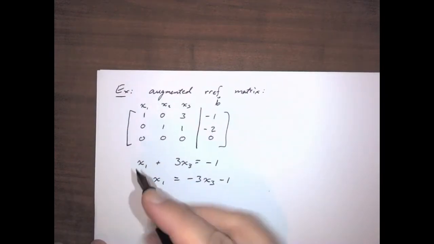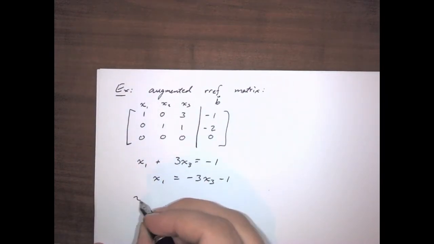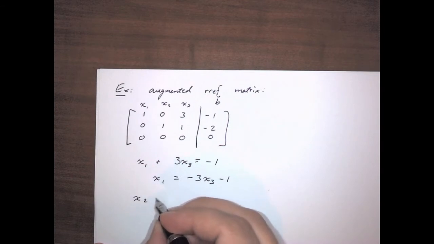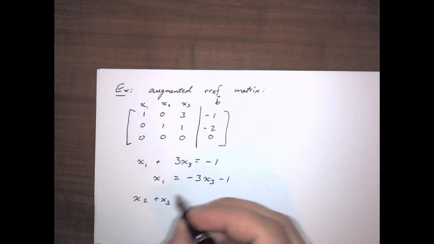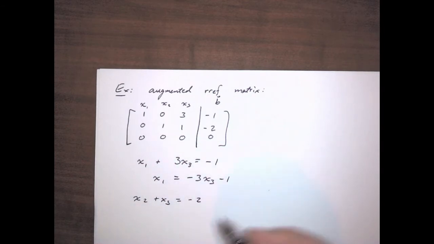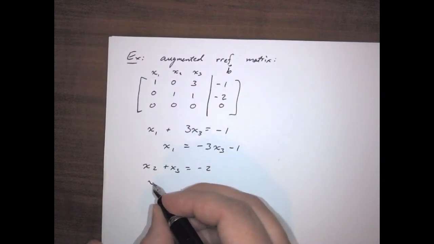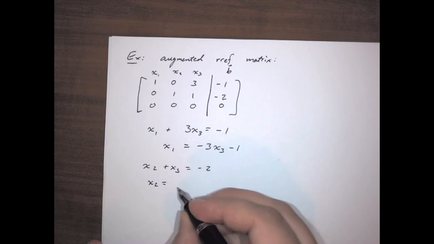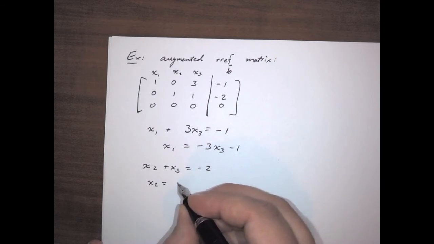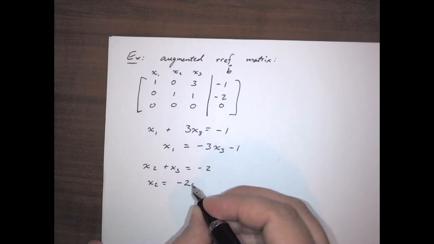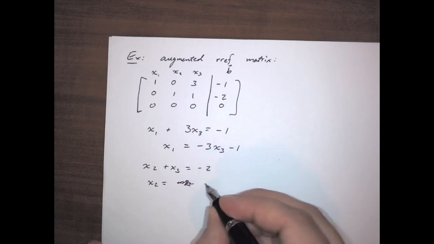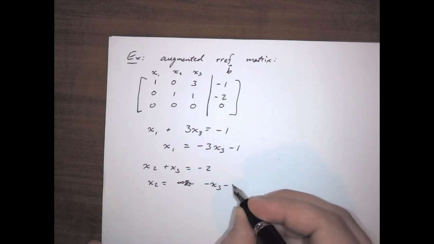So make a note of that. And then we're going to have x2 plus x3 equals negative 2, which is going to then lead us to the conclusion that x2 is equal to negative x3 minus 2.